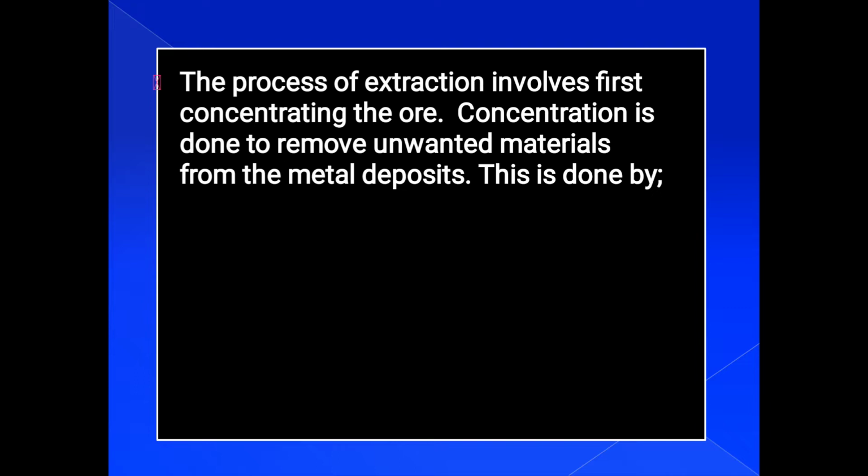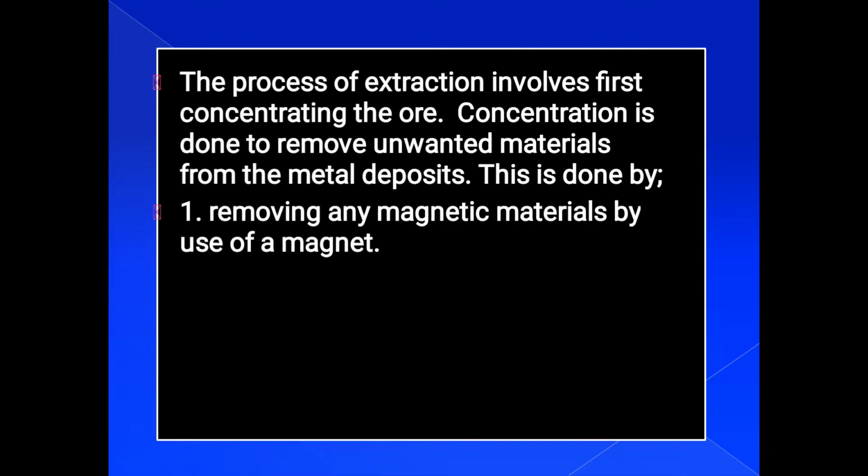And that means that the ore is usually mixed with other matter like soil, sand, and many other materials. So concentration is basically done to remove all these unwanted materials so that you're left with a metal deposit that is ready to be used.